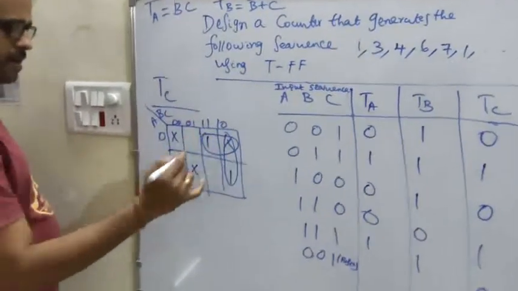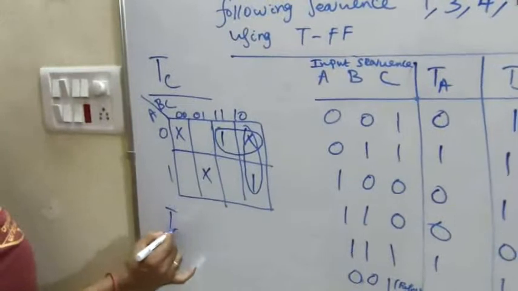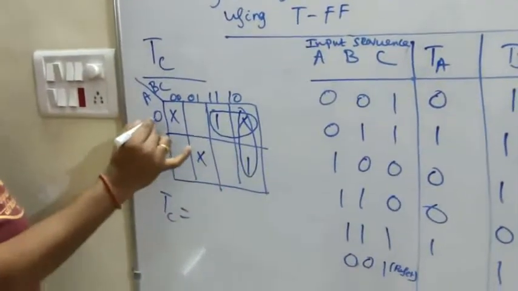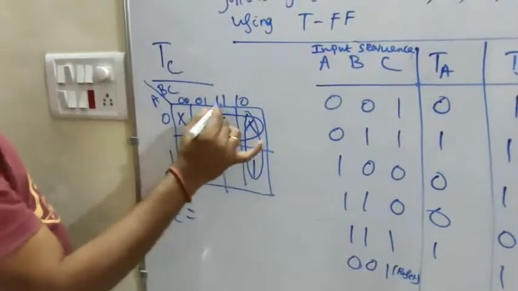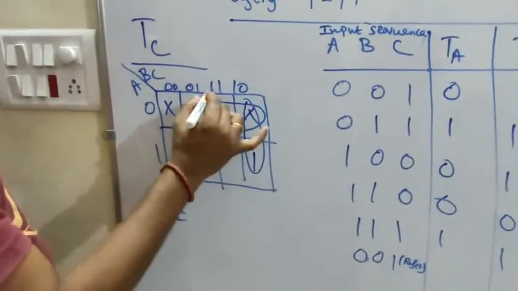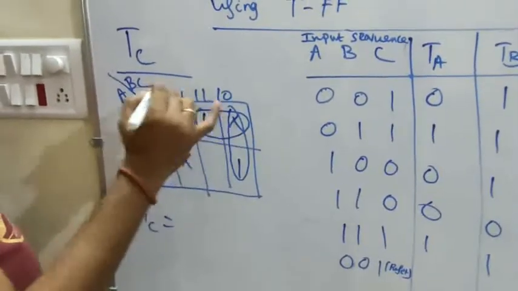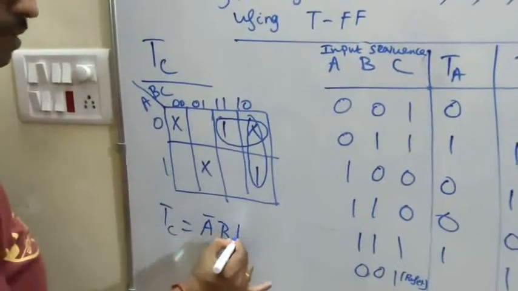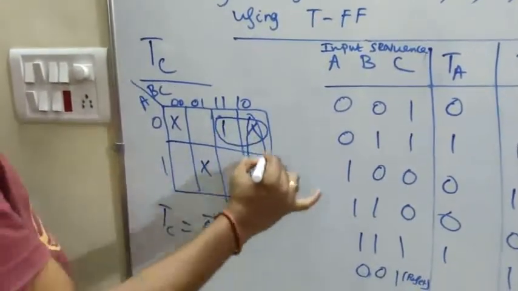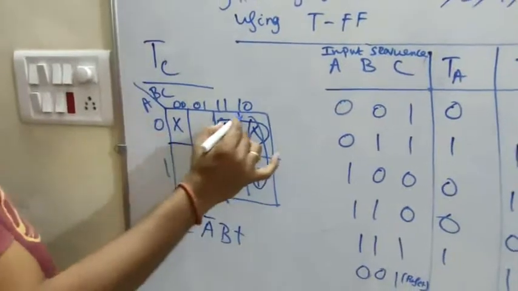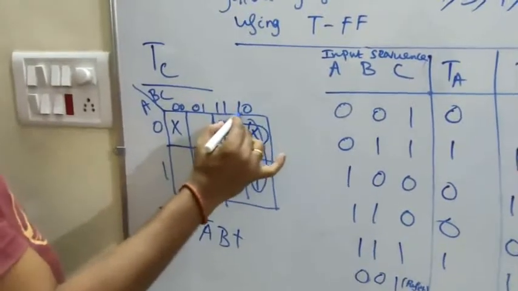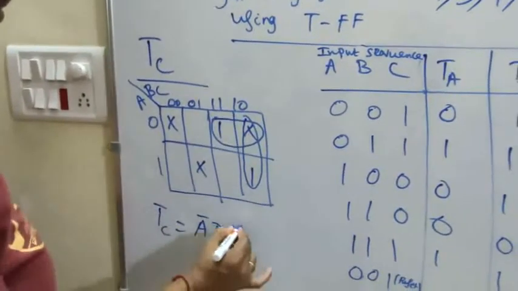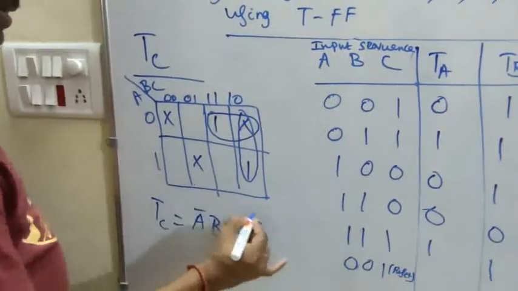For this pair we'll be getting A dash. What is the common bit here? 1 is common, that corresponds to B, so that is A dash B. Plus for this pair, A won't come, we will get only 1 0, that corresponds to B C dash.